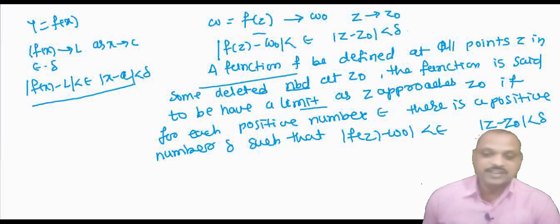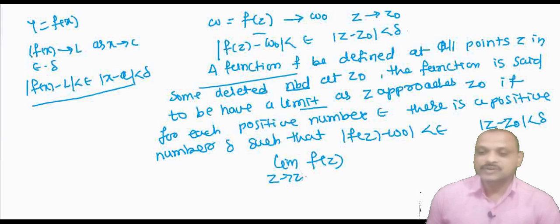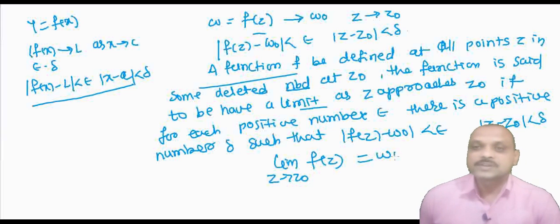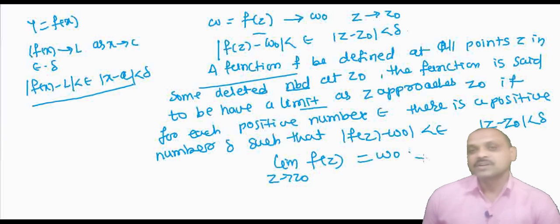Whenever this condition is satisfied, we write in short the limit of f of z as z tends to z0 is equal to w0. So this is a simple definition of limit, as usual in calculus and in real analysis. So friends, when this definition is satisfied, we say that this function has a limit, and that limit is w0.